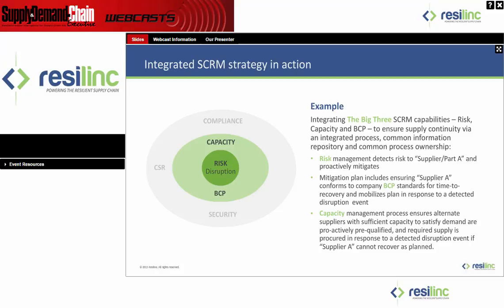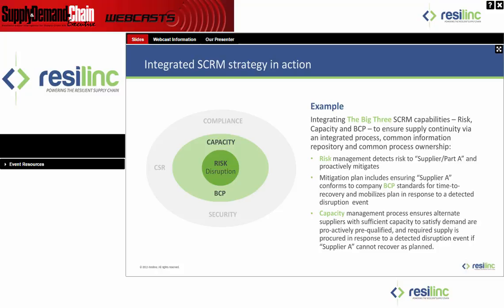Now let's consider an example of a strategy that integrates the big three to ensure the supply continuity. And we're talking about a platform or a solution that integrates supply chain risk management, capacity, and business continuity for suppliers. So let's consider the example of supplier A. With risk management, you will be able to build a comprehensive risk profile for the supplier and the parts that it provides.